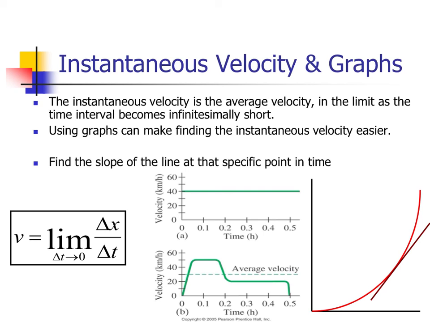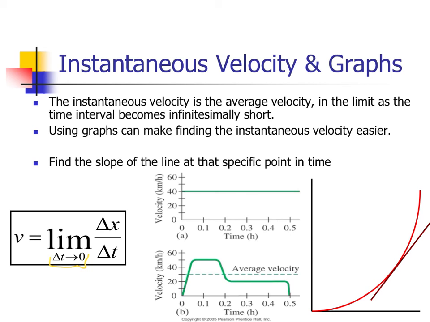All you really truly need to know with a limit equation is that this bottom part here is just trying to indicate that the time interval needs to become smaller and smaller and smaller. What we're saying with the delta t approaches 0, meaning the time interval needs to approach 0.